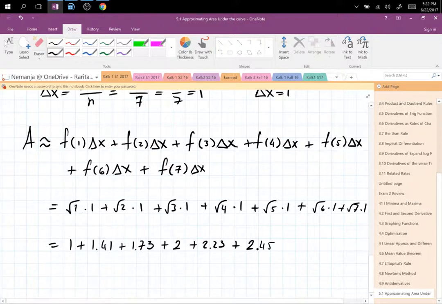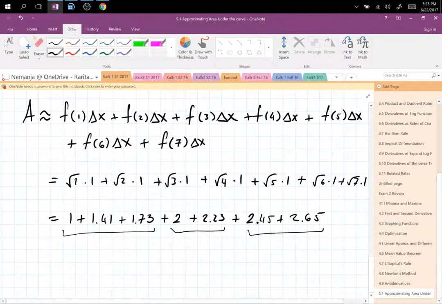2.45, and then square root of 7, 2 decimals is okay, 2.65. So now we add these. I'll add the first 3, the second 2, and the last 2, and then we'll add all of those.